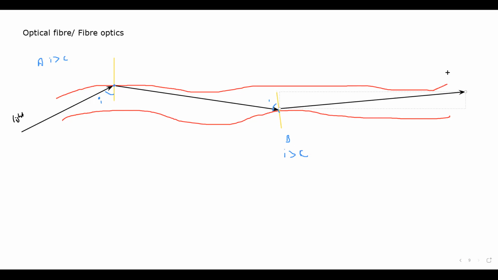So we can use optical fiber to transmit signals in the form of light, because it is 99%, 99.9% efficient. It's a transparent material, so it does not absorb energy or light. Because the angle of incidence is more than the critical angle, the light is reflected at every point, so all of the light we can receive at the other end.